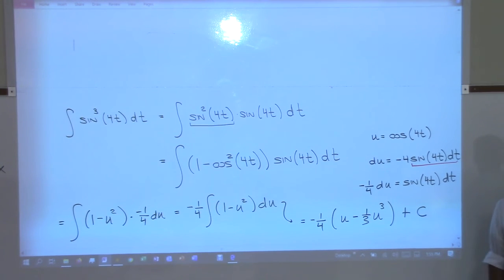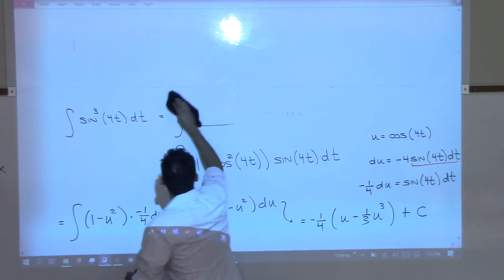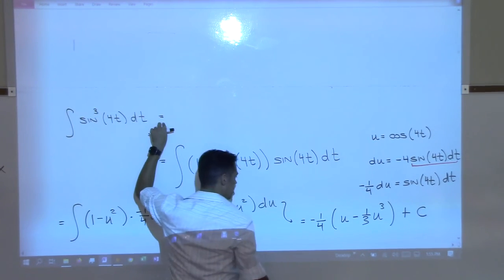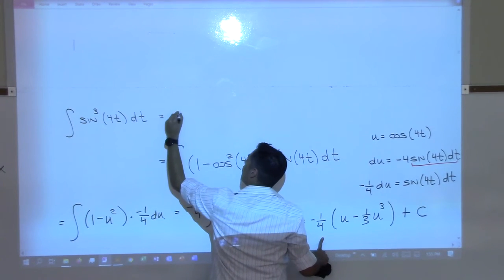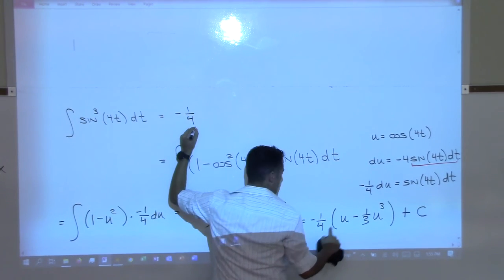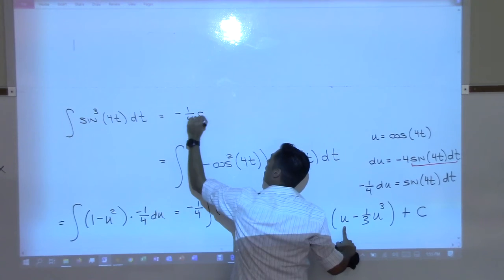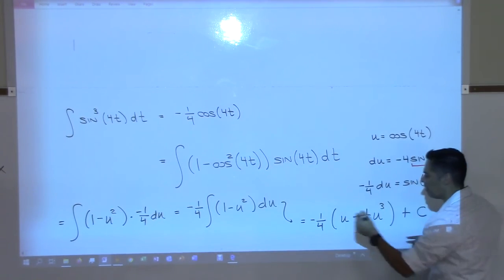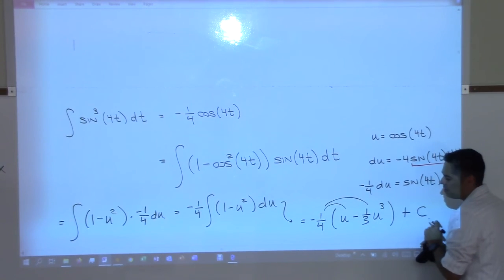Last step, just plug u back in. What's u? It's this, right? So that should be our final answer on the next step. The antiderivative of this is equal to negative 1/4 u, which was cosine 4t. Okay, now I'm going to do this mentally. I'm going to distribute these through. So the next thing should be plus 1/12.